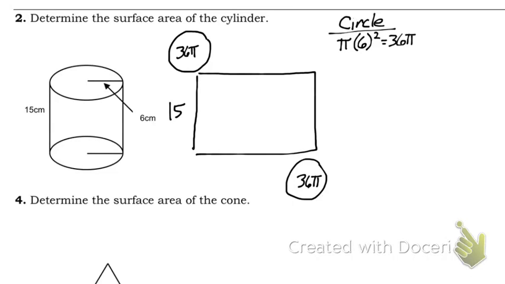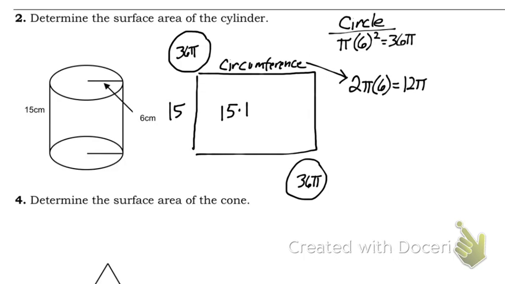It's just going to be our circumference of our circle. And our circumference is just 2 pi r, so it's 2 pi times 6, which equals 12 pi. So the area of this inside thing is going to be 15 times 12 pi.